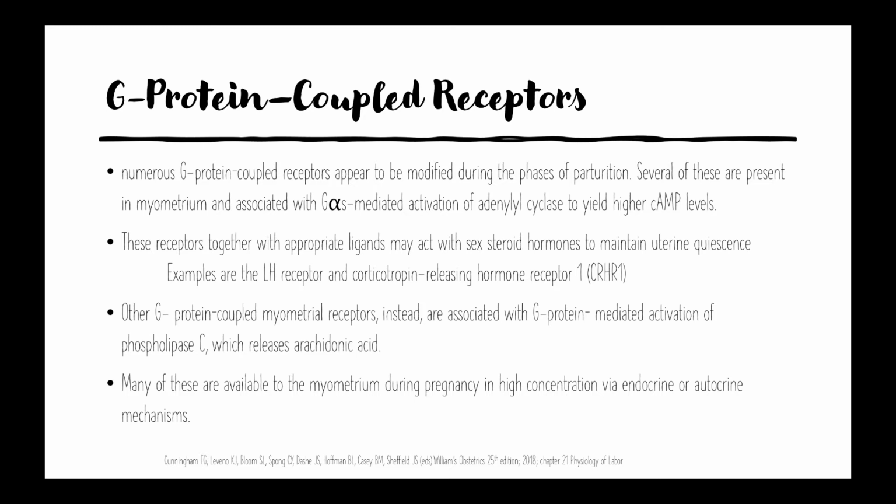Examples are the LH receptor and corticotropin releasing hormone receptor 1. Other G protein coupled myometrial receptors instead are associated with G protein mediated activation of phospholipase C, which releases arachidonic acid. And many of these are available to the myometrium during pregnancy in very high concentrations via endocrine or autocrine mechanisms.